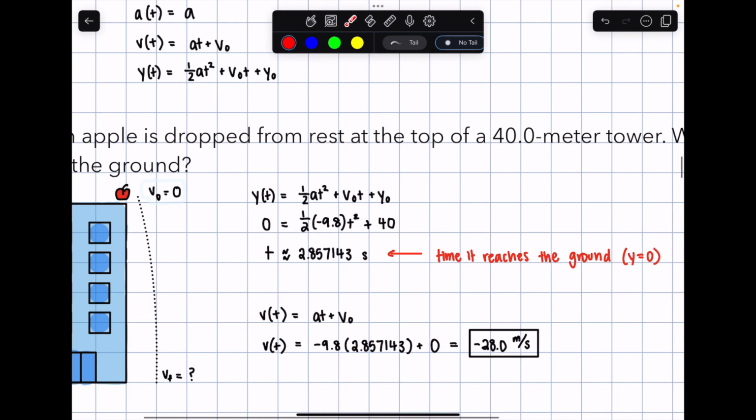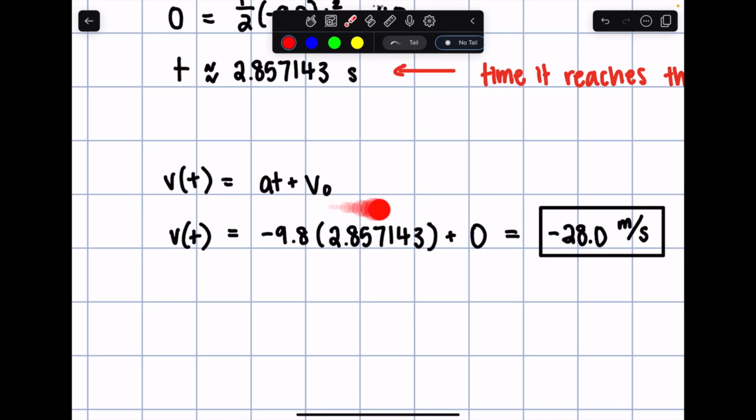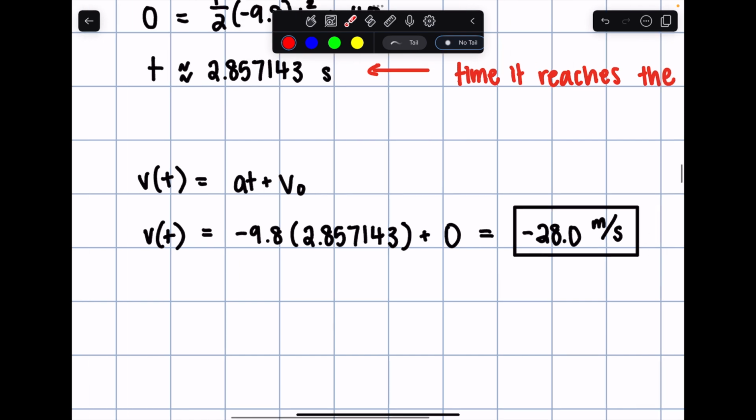The way we do that is we simply take the velocity equation and plug in what we know there as well. When we do that, we get the velocity equals at plus v naught. We plug in acceleration and the time, and then our initial velocity is just 0, so we disregard that, and we get negative 28.0 meters per second as our final answer.